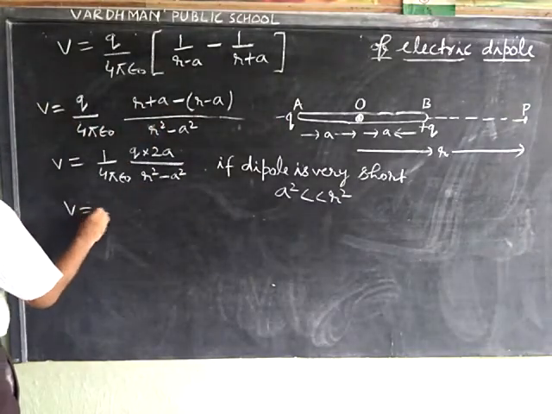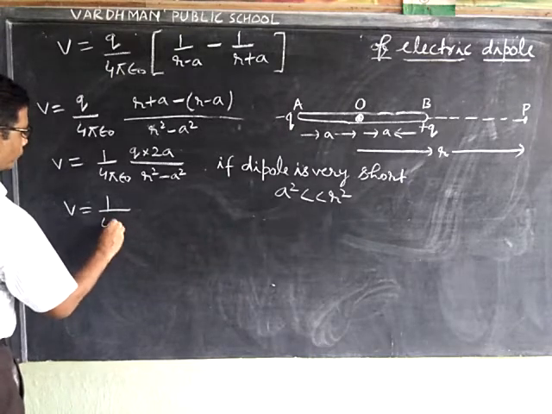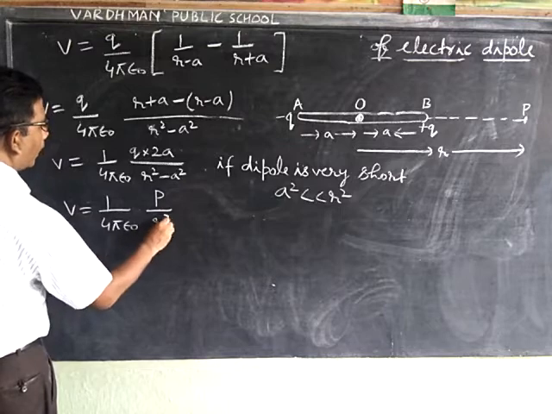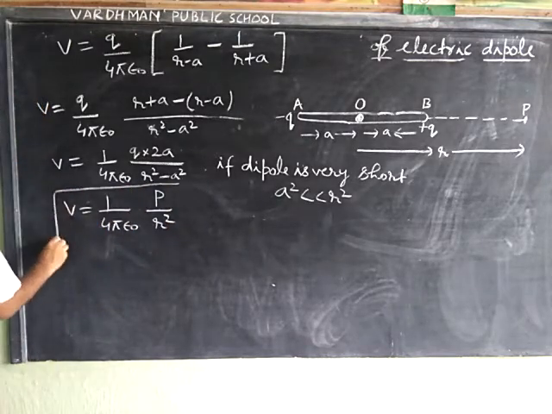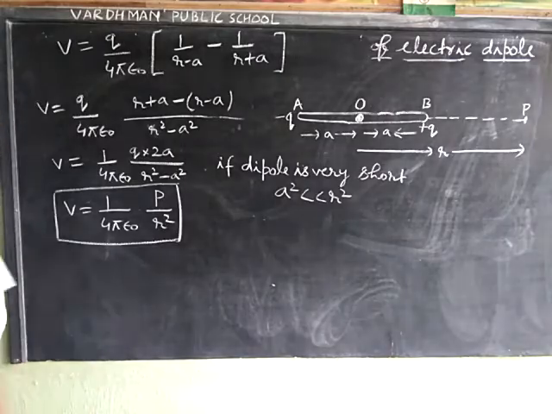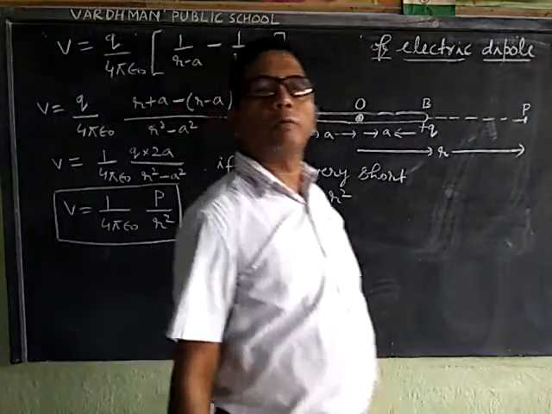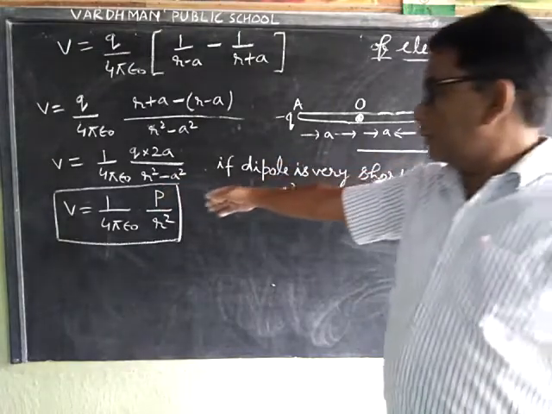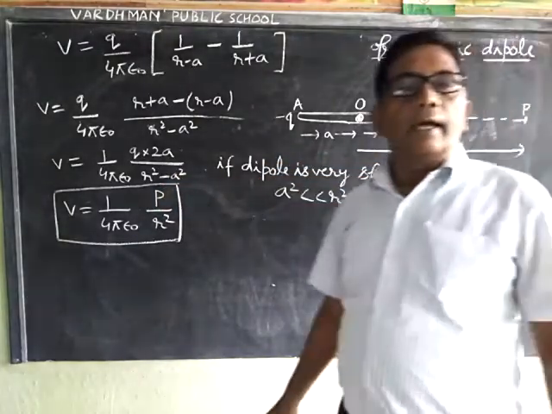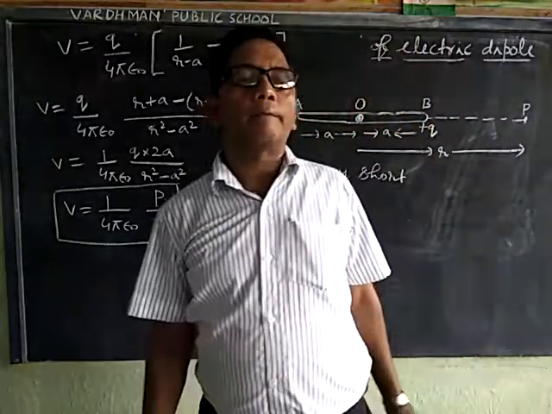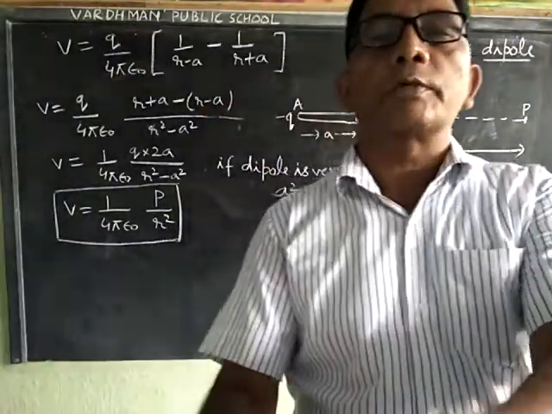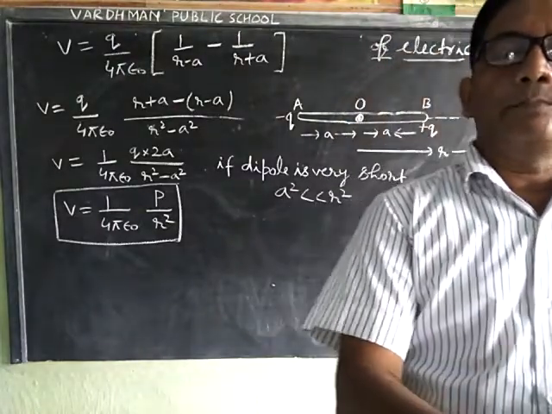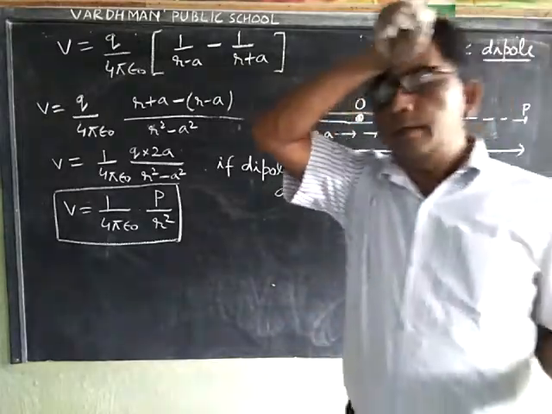Then V is equal to 1 upon 4 pi epsilon naught P upon R square. P is the electric dipole moment. This is the formula for electric potential at an axial point of a dipole.